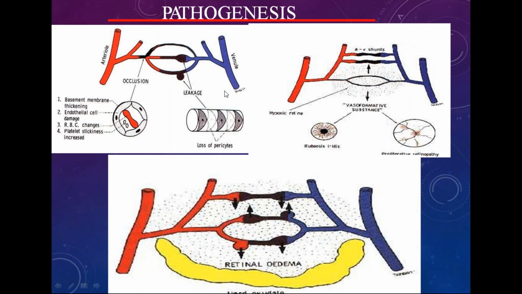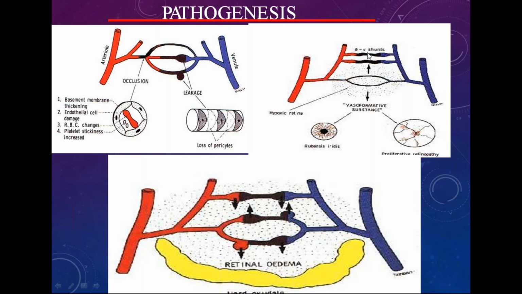There are two pathogenic mechanisms. One is loss of intramural pericytes. The second is thickening of the basement membrane, change in the shape of the RBC, and increased stickiness of the platelets, resulting in occlusion. Loss of intramural pericytes results in leakage from the vessels, leading to retinal edema and hard exudates.